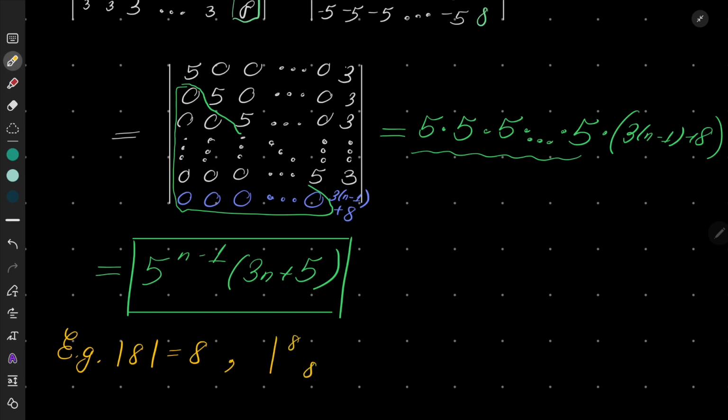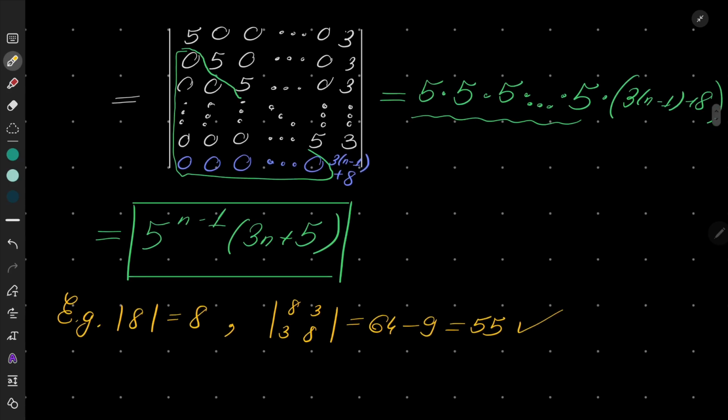Let's also check the 2 by 2 case. It's 64 minus 9, so it's 55. If I plug n equals 2 into my formula, I have 5 to the power of 1, so it's 5, and here I have 11. 5 times 11 is 55.